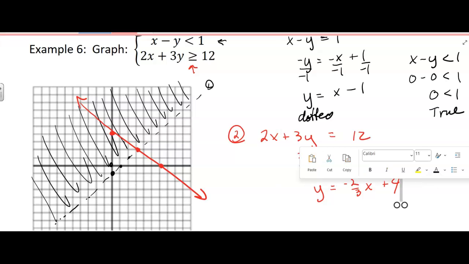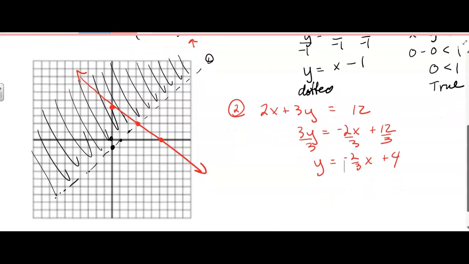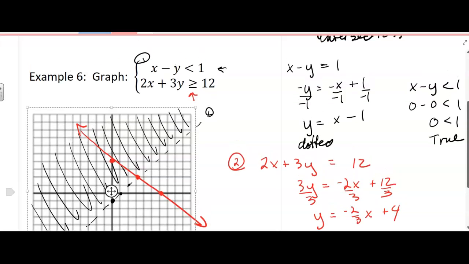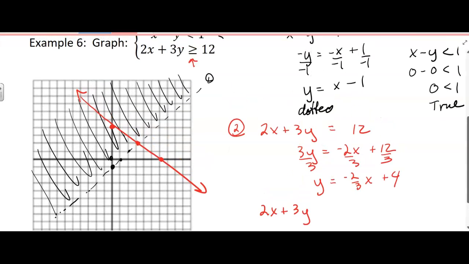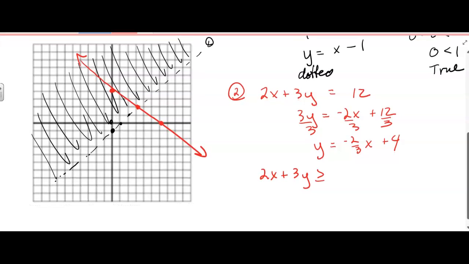Okay, now we have to find out which half is shaded. Now it's either the above part or it's the below part. I'm looking at the red line. Kind of ignore the other line. Okay? All right. So go back to the inequality. 2x plus 3y. Is it greater than? Yeah. Greater than or equal to 12.